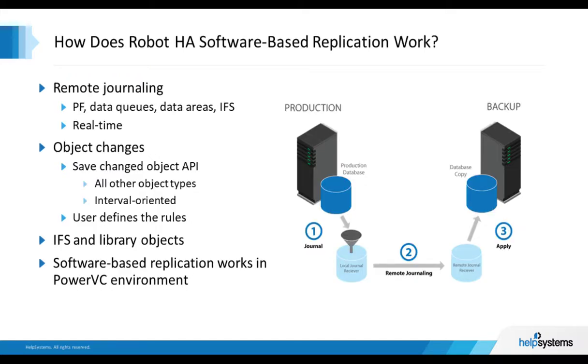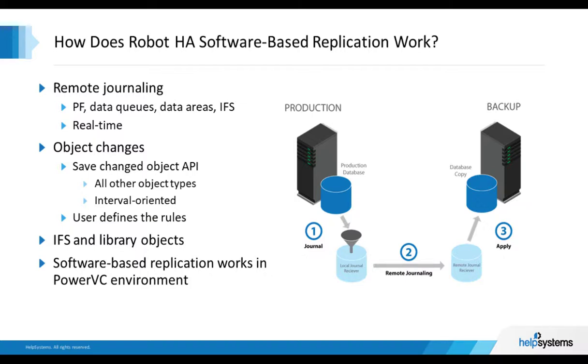Software replication, which has been around really for well over 3 decades now on the IBM i platform anyways, is using a technology called journaling and remote journaling for the most part. I know there are different solutions out there that don't use remote journaling, but most everyone, the main players out there, actually use local and remote journaling, which is part of the operating system.